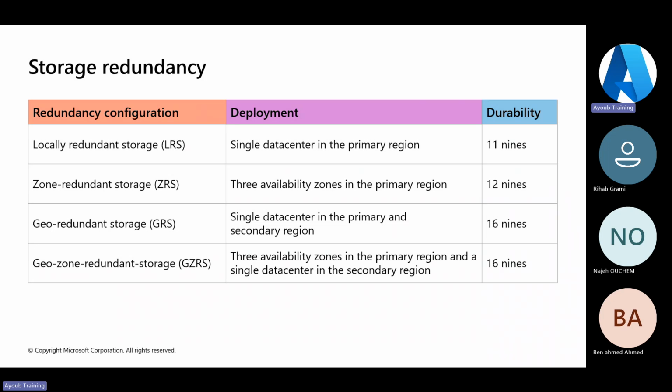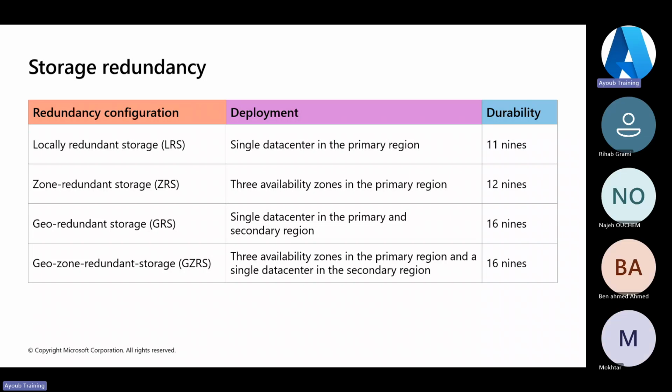So we have four types: LRS, ZRS, GRS and GZRS. The first one is locally redundant storage. Like the name, it is a single data center in the primary region. So when we create your storage account, it's in a single data center in the same region. So the redundancy is still local, not in a different region.